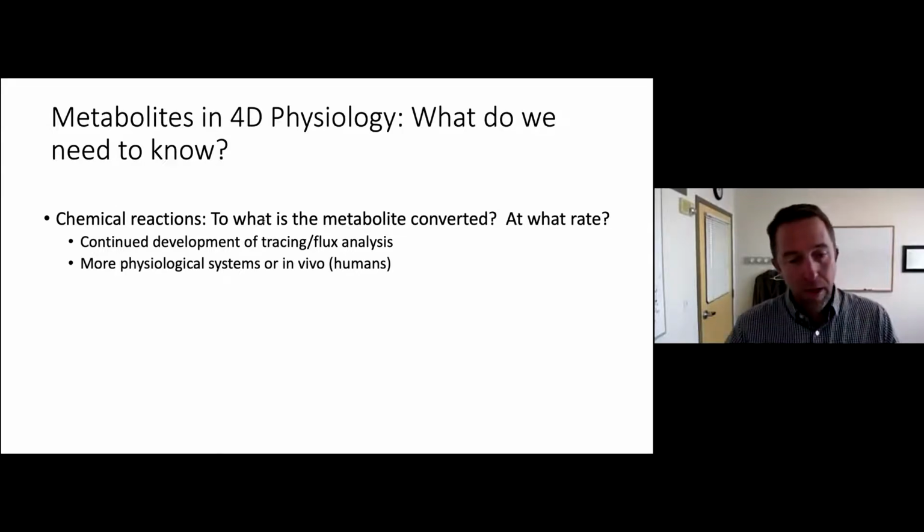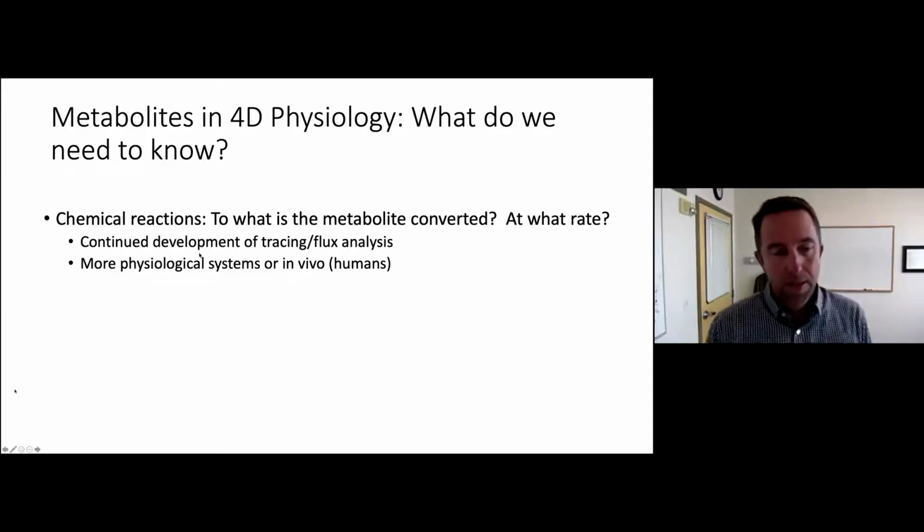And also, as Zolt talked about, I think it's becoming more and more important that these experiments are done in the context of systems that are more physiological, and either more physiological in vitro systems or even in vivo.